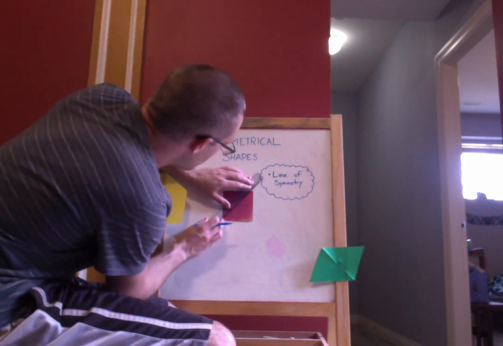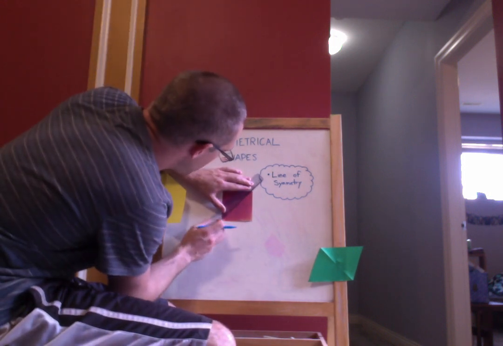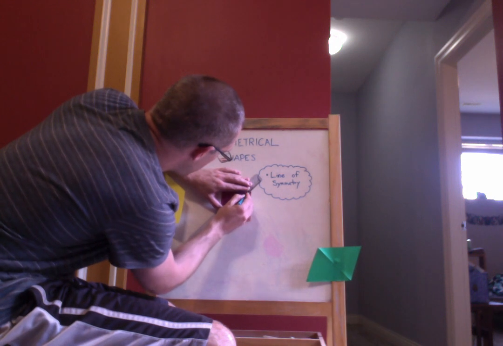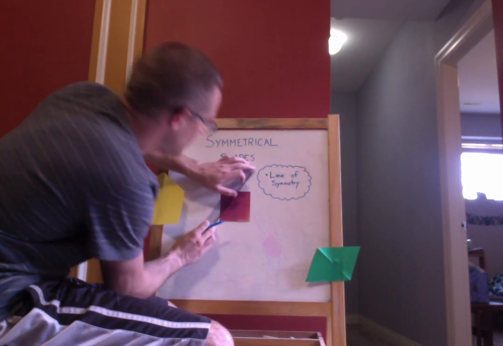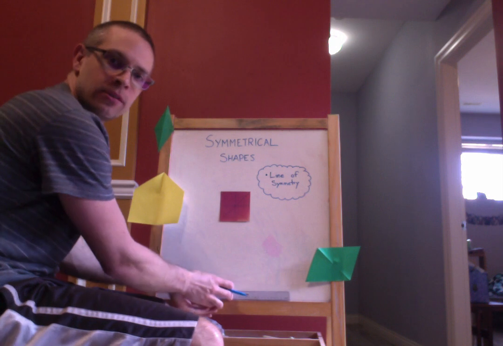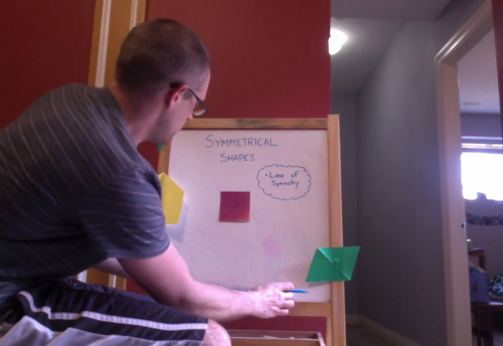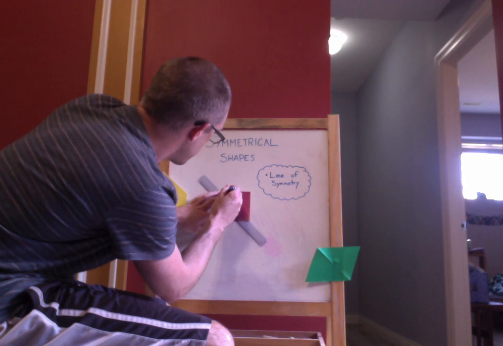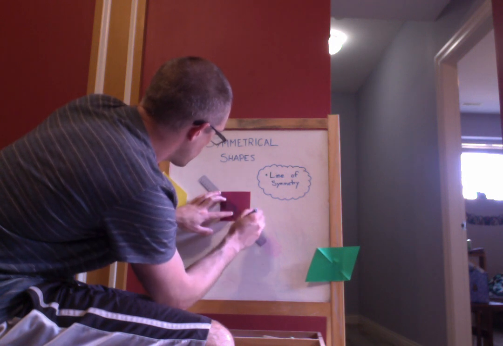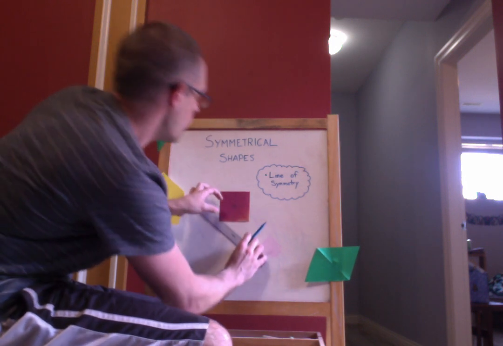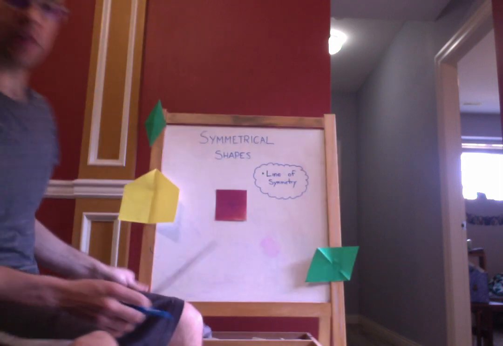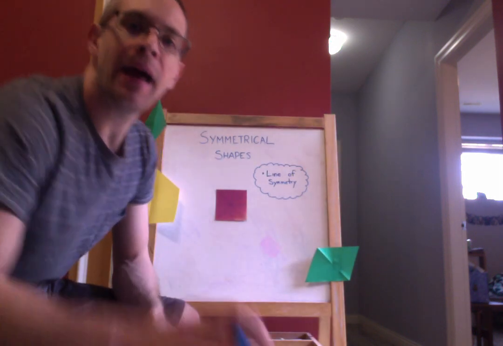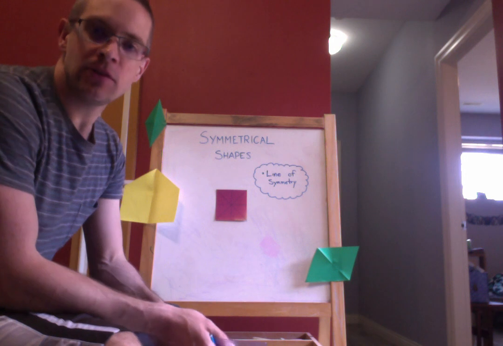I can also cut my shape in half this way. 3 lines of symmetry. And of course, I can do the other corner to corner diagonal to make 4 lines of symmetry. My square has 4 lines of symmetry.